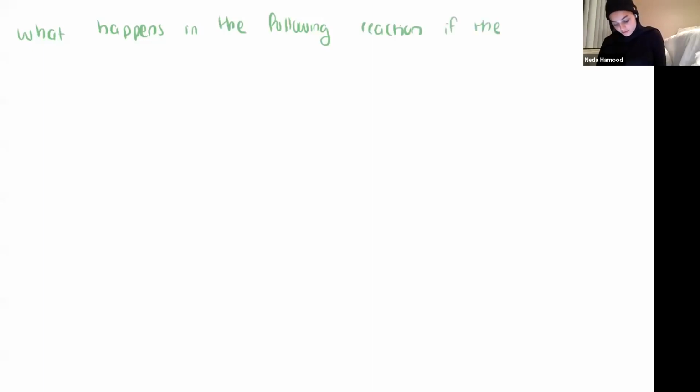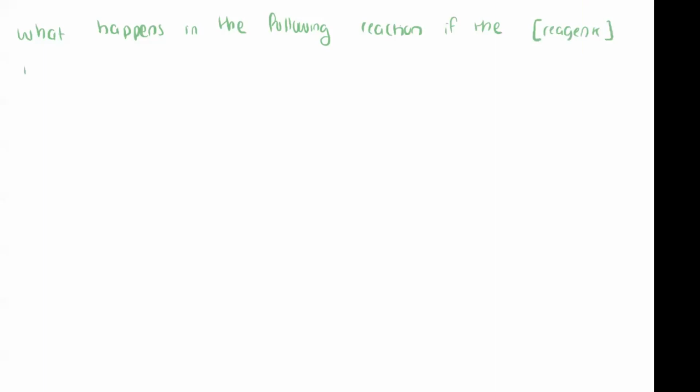So over here, next question we have, ooh, this is a fun one. This is a very tricky question. So let's try and focus our minds for this one. Chapter 7 stuff. So let's say, what happens in the following reaction if the concentration of the reagents is doubled?